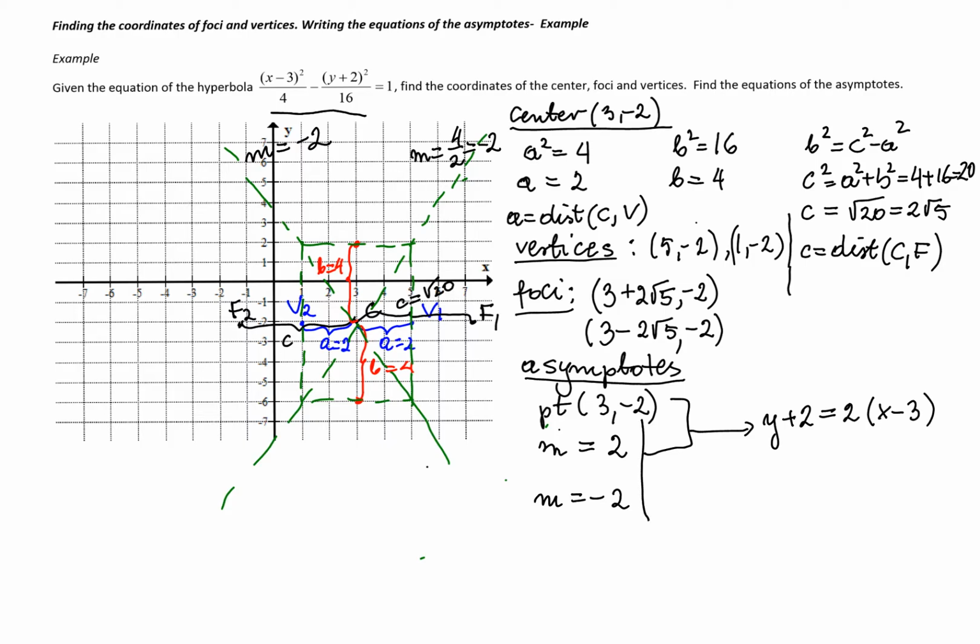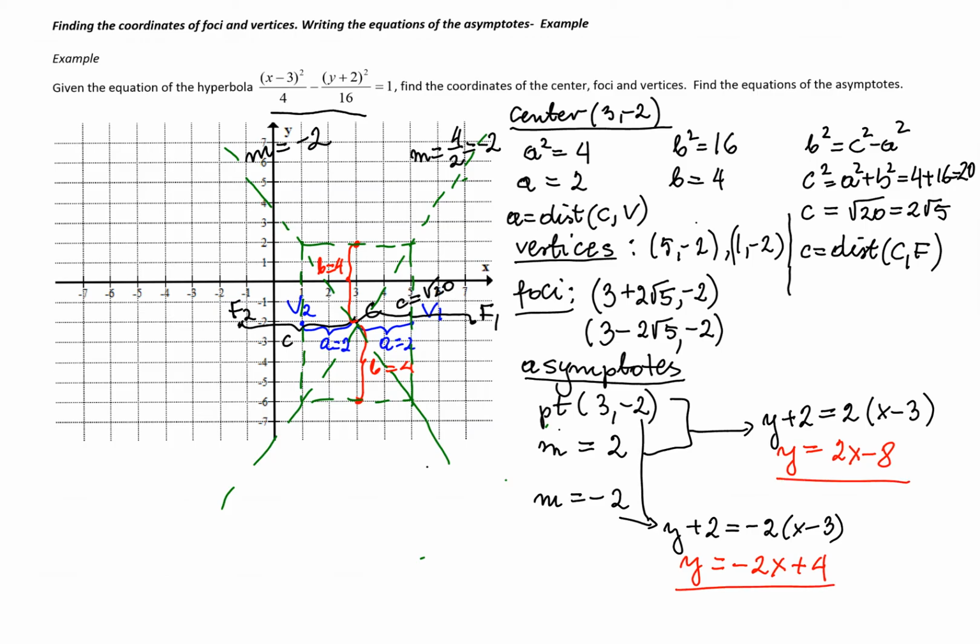And if you use the point and the second slope, we'll get the equation y plus 2 is equal to negative 2 times x minus 3. And if we write these equations in the slope-intercept form, the first equation is going to be y equals 2x minus 8, and the second equation will be y equals negative 2x plus 4. And these are the asymptotes of that hyperbola.